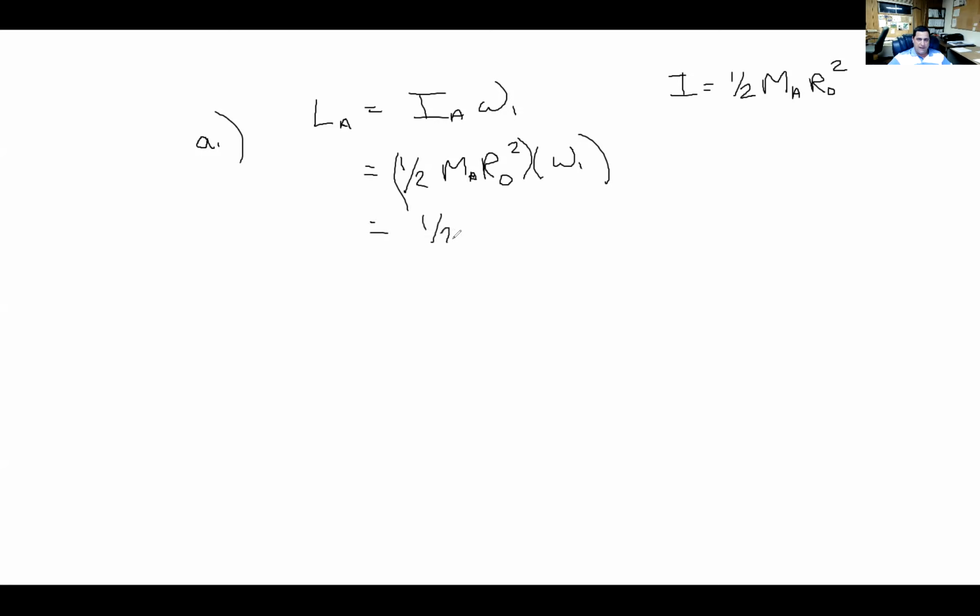So 1/2 times plate A was given to us as 6 kilograms. Our radius is 0.60 for both plates. That's meters, so that's squared. So this is going to be my moment of inertia. Now you could have calculated the moment of inertia and then plugged in, or you can plug the numbers in right here at the end.